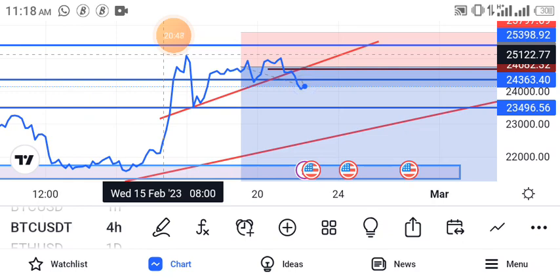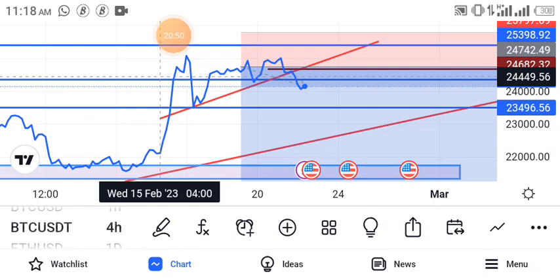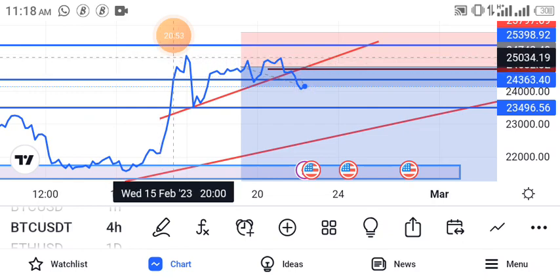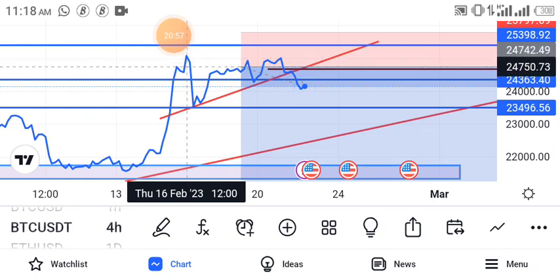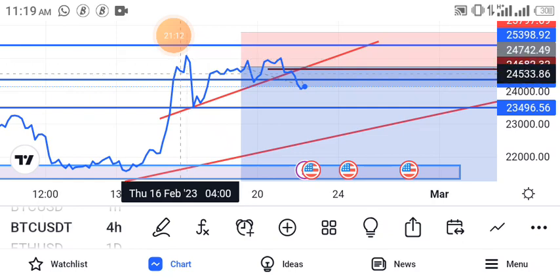The first top is higher than the second one. The both are somehow equal, and it has broken, retested, and broken again, and it's trying to retest this support.